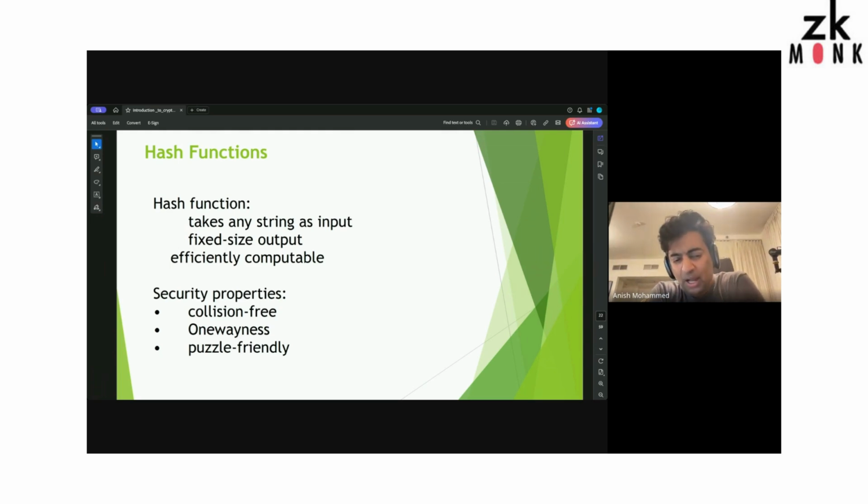This is puzzle friendliness. This is an arbitrary thing in one sense of speaking. It's more for the people in the so-called crypto world, I mean crypto as in Web3. What it means is that it can be computed efficiently in some sense. This is a very tricky one. For people who have been around for a while and are familiar with Equihash, you know what happens, so I won't go into detail.